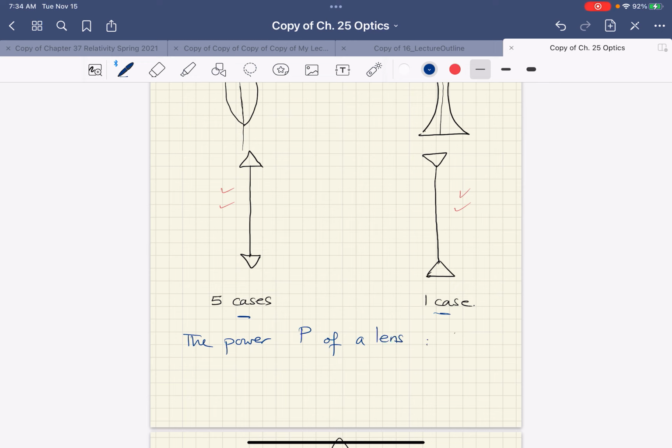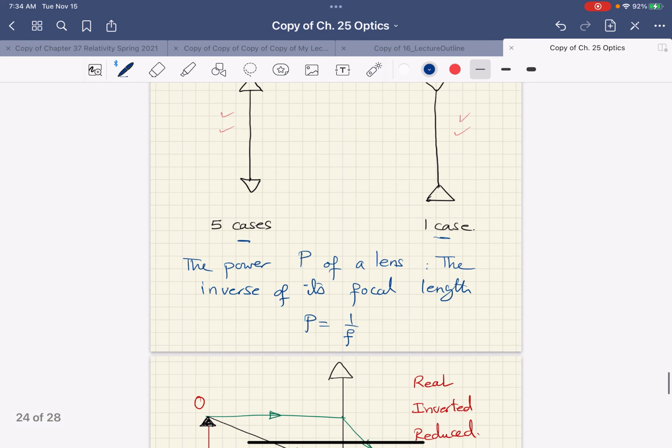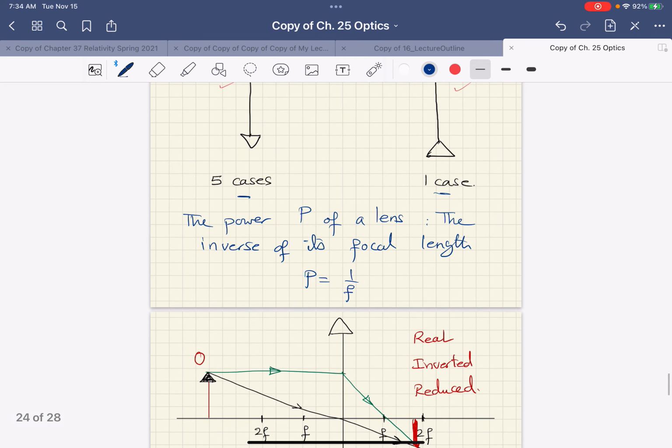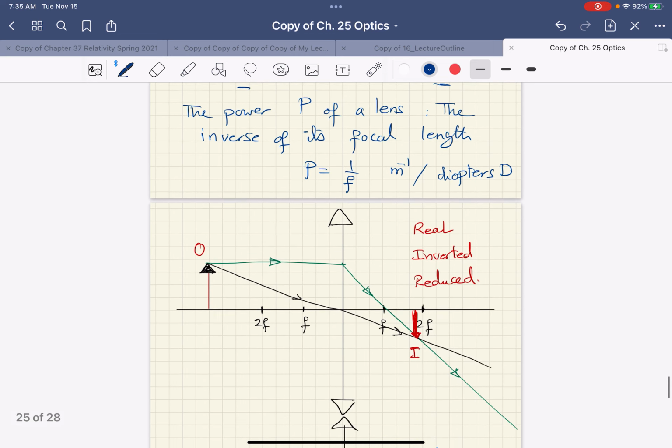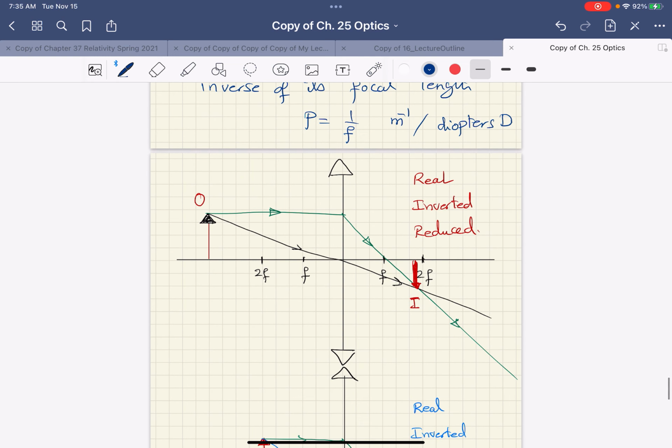It is the inverse of its focal length, and that is P equals 1 over F. And of course, it has units that we say either meter minus 1 or diopters, D. These both are units that we are using.